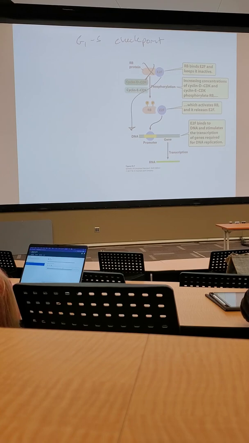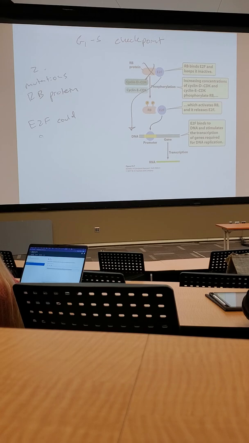So if you had two mutations in RB protein, then the transcription factor E2F could go directly to promoters. Therefore, RB is kind of like a tumor suppressor.